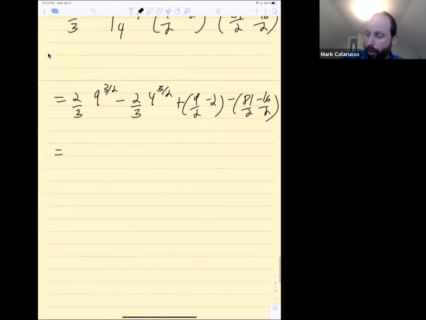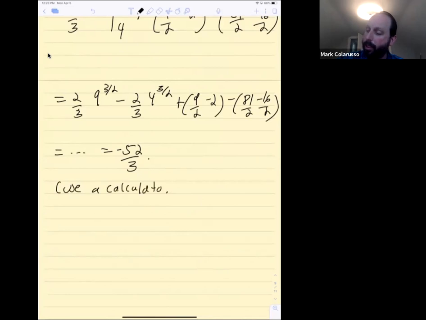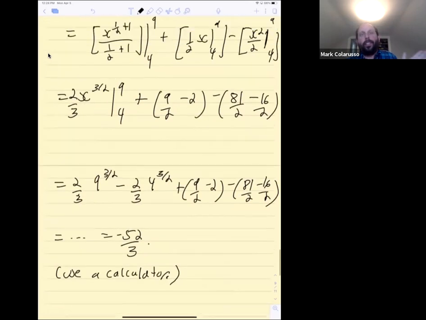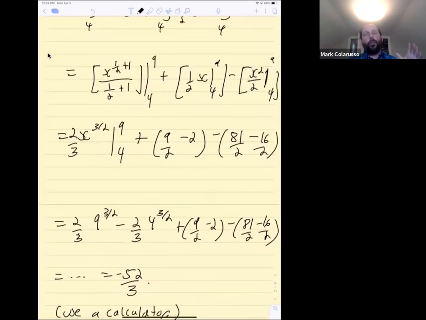If you put it into a calculator, you get minus 52 over 3. So use a calculator. You get the hang of this pretty quickly, but some of the calculations at the end stage can be quite complicated. So that's one thing to keep in mind.